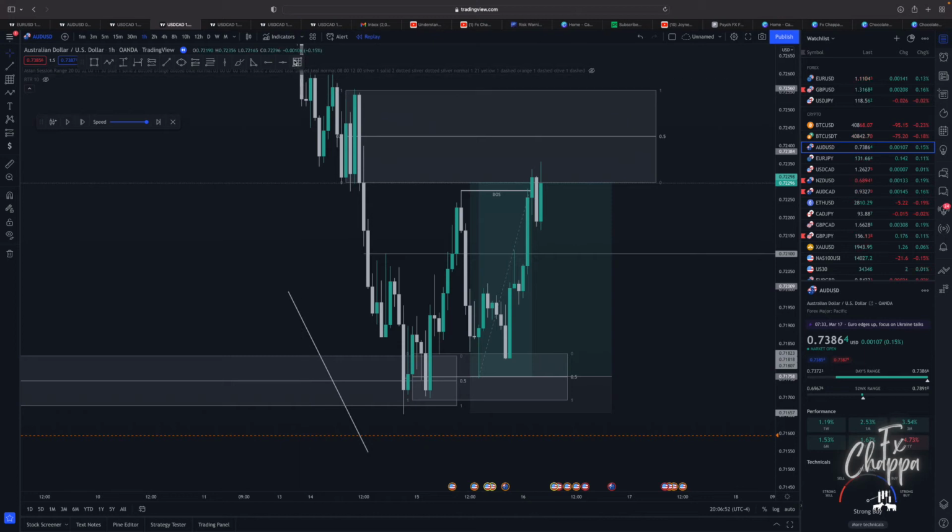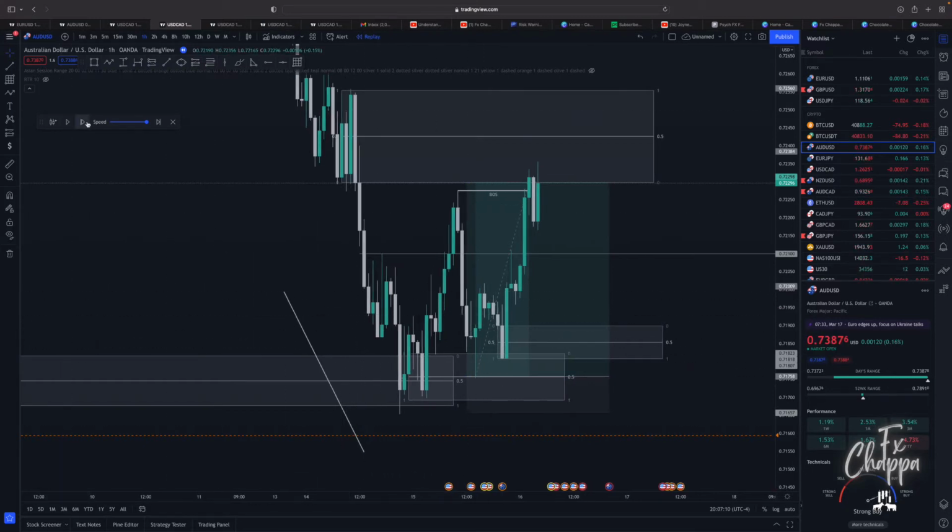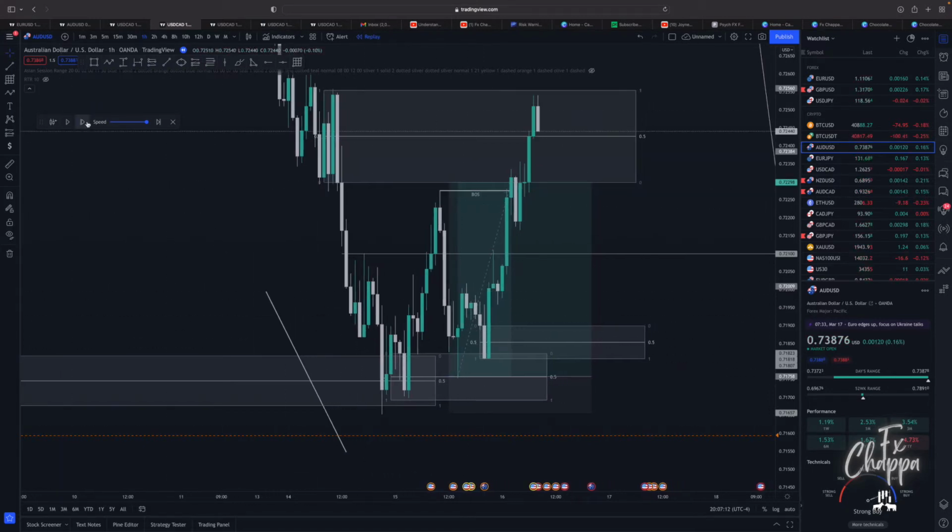So we're looking for potential entries within these areas again, to see if we can find reasoning behind it. I notice sometimes these lows get run, like when you see candles do a liquidity grab type thing where you just dip down and shoot up like that. I see them getting run a lot.